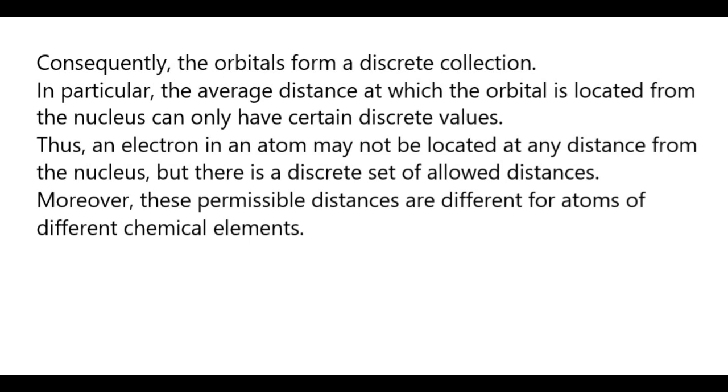In particular, the average distance at which the orbital is located from the nucleus can only have certain discrete values. Thus, an electron in an atom may not be located at any distance from the nucleus, but there is a discrete set of allowed distances. Moreover, these permissible distances are different for atoms of different chemical elements.